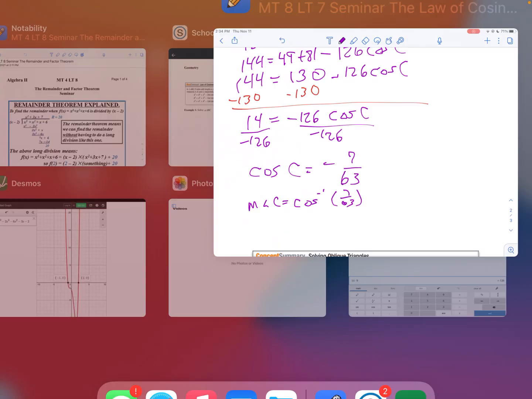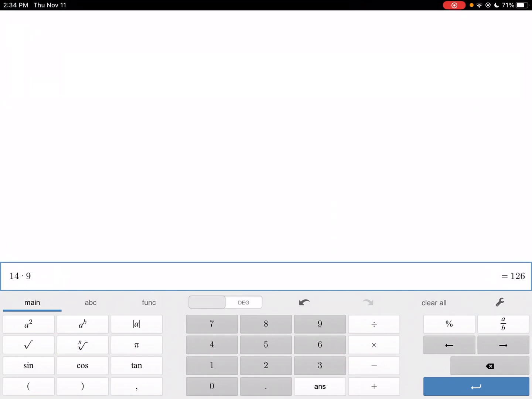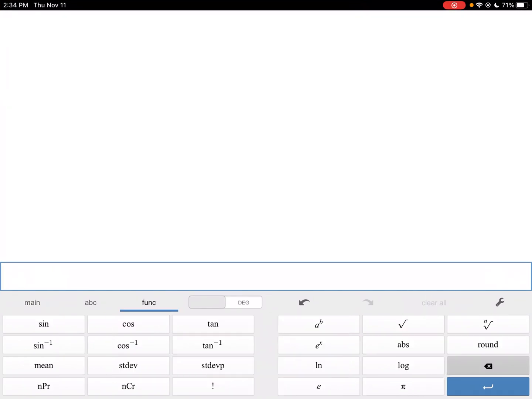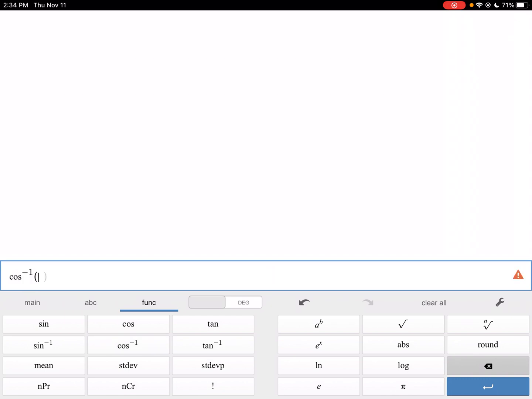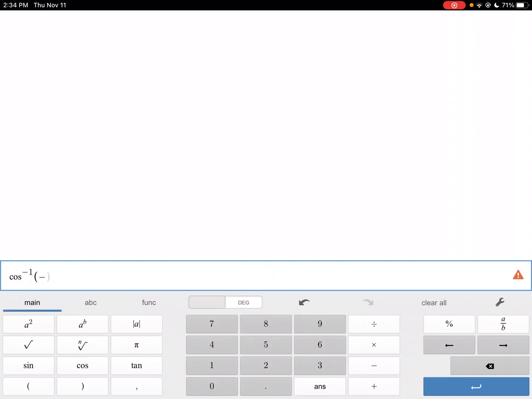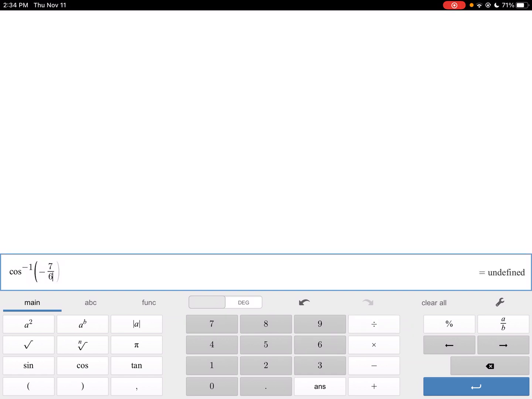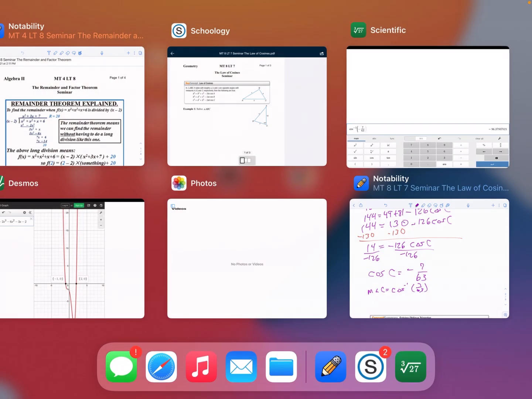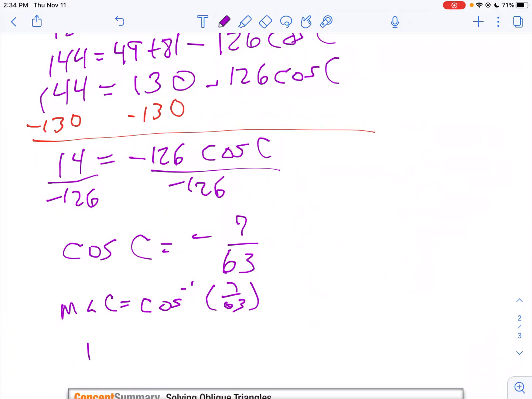So let's use that. I take the inverse cosine of negative 7 over 63. And I get about 96 degrees. So I say the measure of angle C is about 96 degrees.